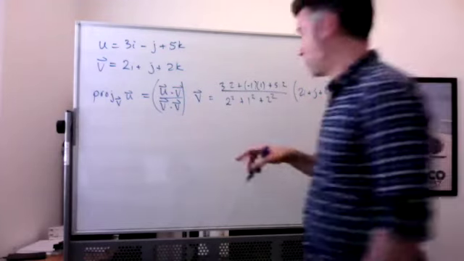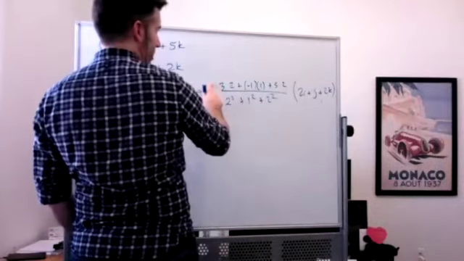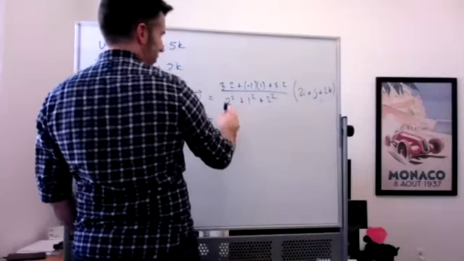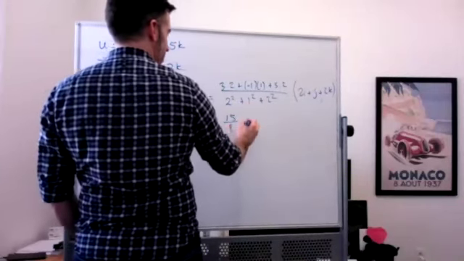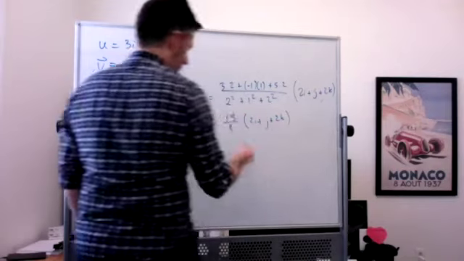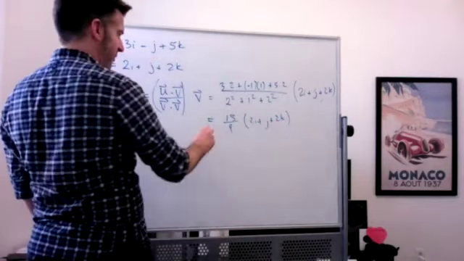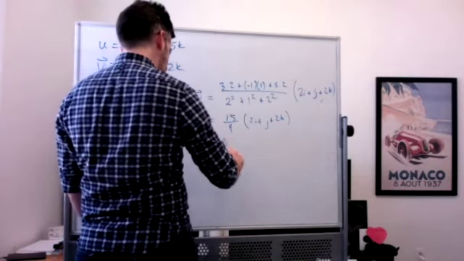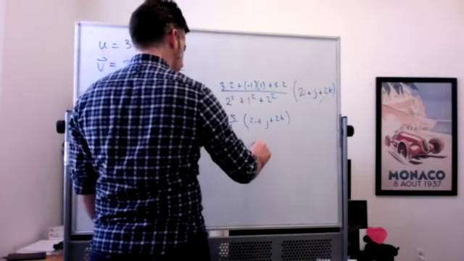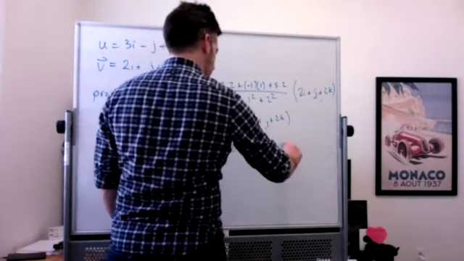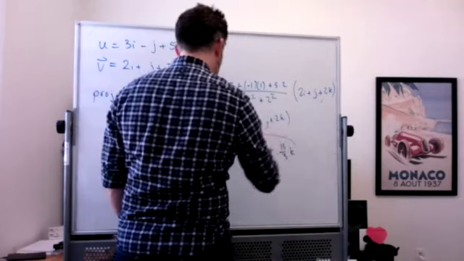So calculating this, 6 minus 1 is 5, plus 10 is 15, over 2 plus 1 plus 2 is 9, times 2i plus j plus 2k. So 15 ninths reduces to 5 thirds. So you get 5 thirds times 2 is 10 thirds i plus 5 thirds j plus 10 thirds k.